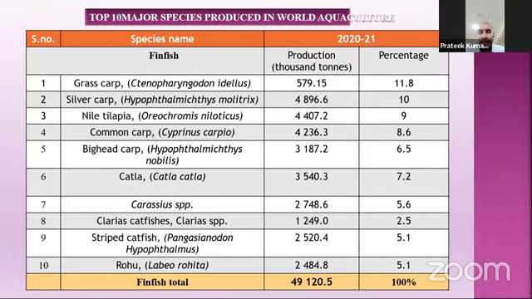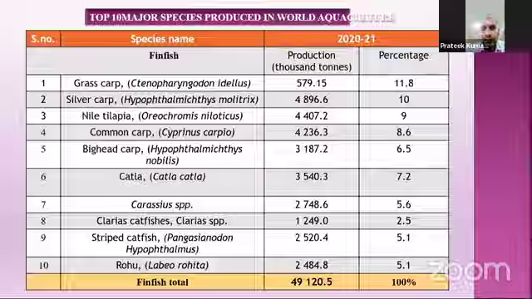We can see the percentages: rohu and clarias catfishes 2.5, while grass carp and silver carp share 10 and 11.8 percent.